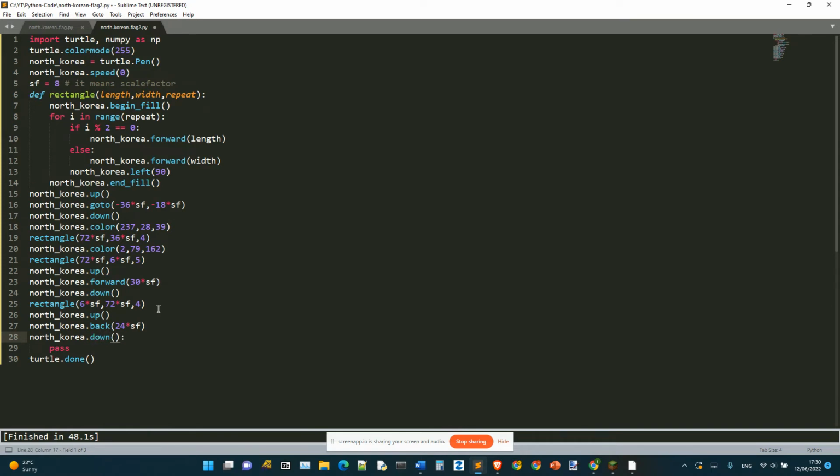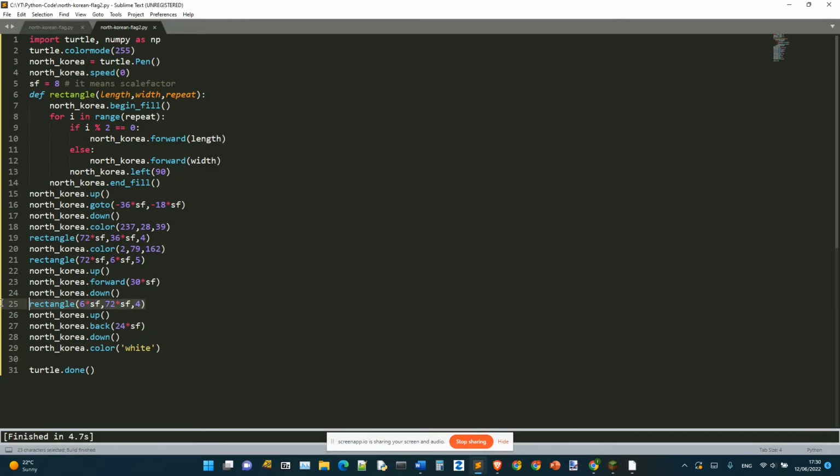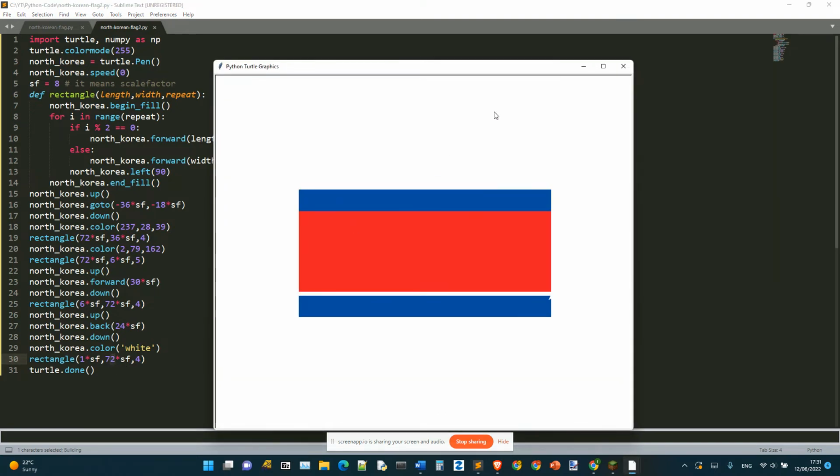No. So North Korea dot color 255, white, because white by default is 255 255 255. So now using the function, not 6 times SF, just 1 times SF, and still 72, I believe. Yeah.